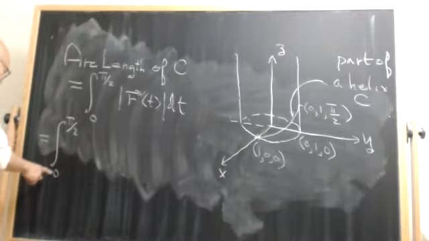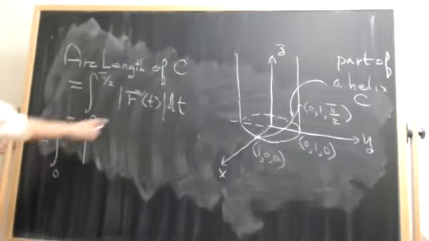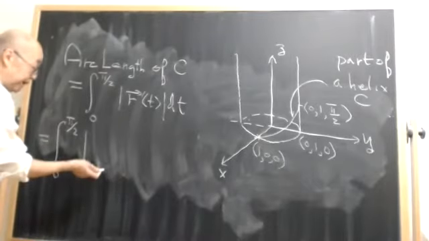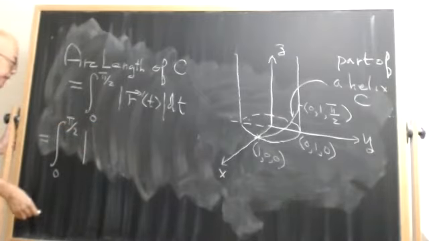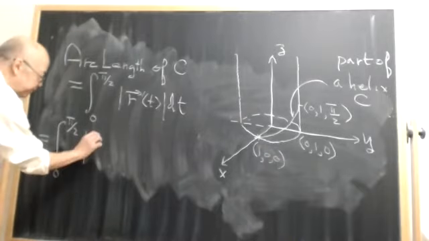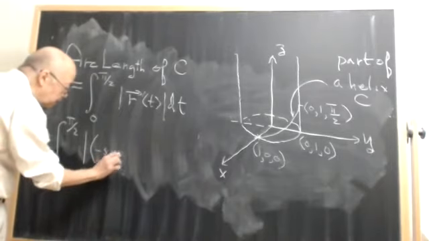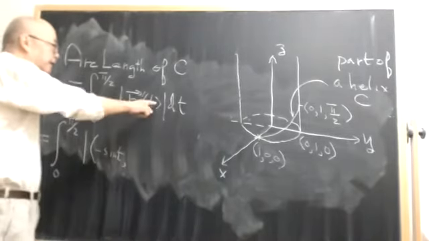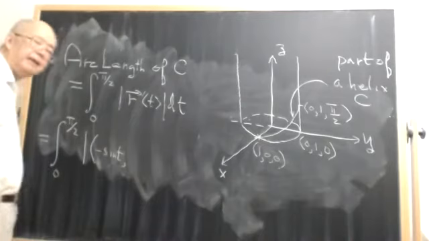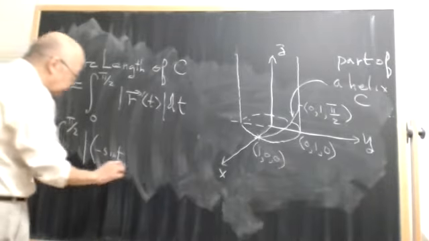So we are going to integrate from 0 to pi by 2 of the magnitude or the length of the vector. And what is the length of the vector? Well, the first component is cosine t. So we take the derivative, so it's going to be minus sine t. The second component of r of t is sine of t, and when you take the derivative, you get cosine t.